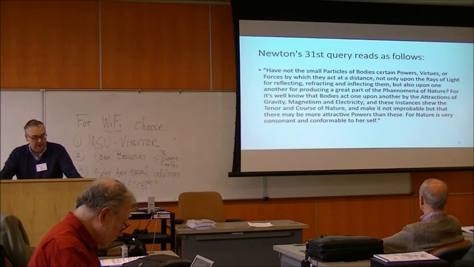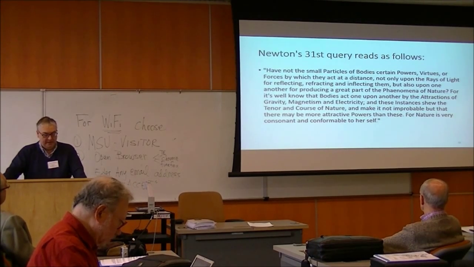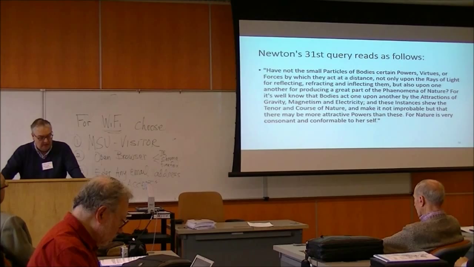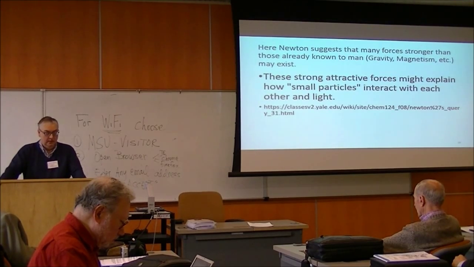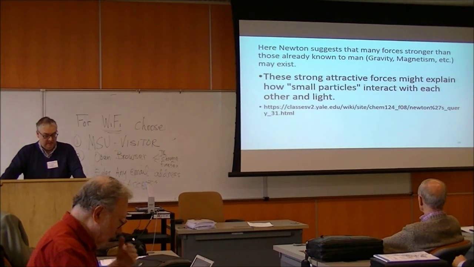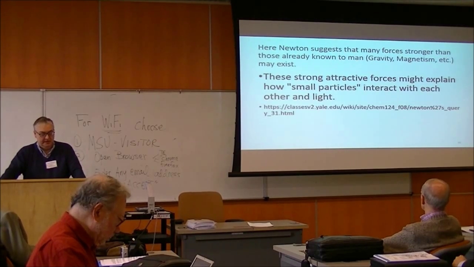Newton's 31st query reads the following. Have not the small particle bodies certain powers, virtues, or forces by which they act at a distance, not only upon the rays of light for reflecting, refracting, and inflecting them, and so forth. For nature is very consonant and conformable to herself. Here, Newton suggests that many forces stronger than those already known to man, like gravity and magnetism, may exist.